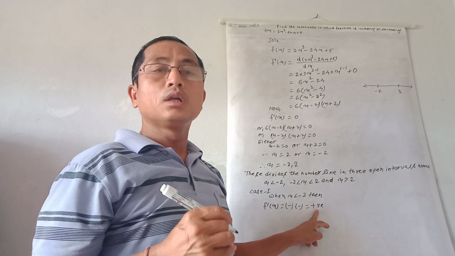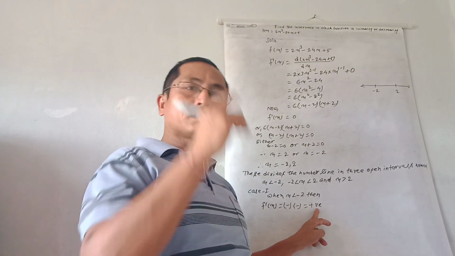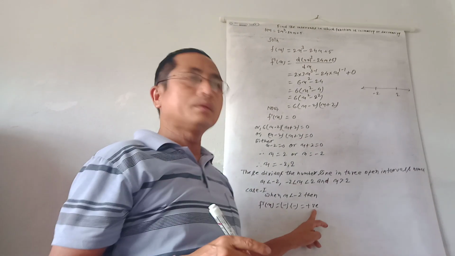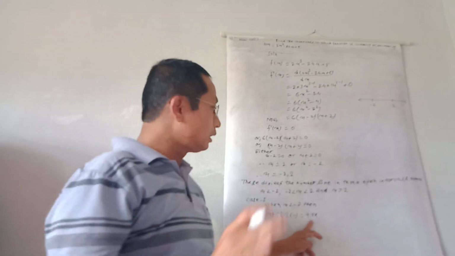Since the result is positive, the function is increasing. I have told you, when the value of the first derivative is positive, then the function is increasing, and when the value of the first derivative is negative, then the function is decreasing. So it is clear.